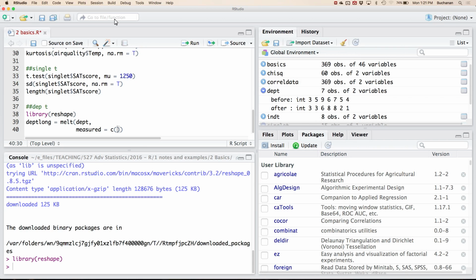Mine are just before and after. They do have to be in quotes. I told you it's wildly inconsistent when the quotes and when not. This time they do. So I've got melt, the data set name, comma, measured equals these 2 variables. You have to use the C function to keep them together.